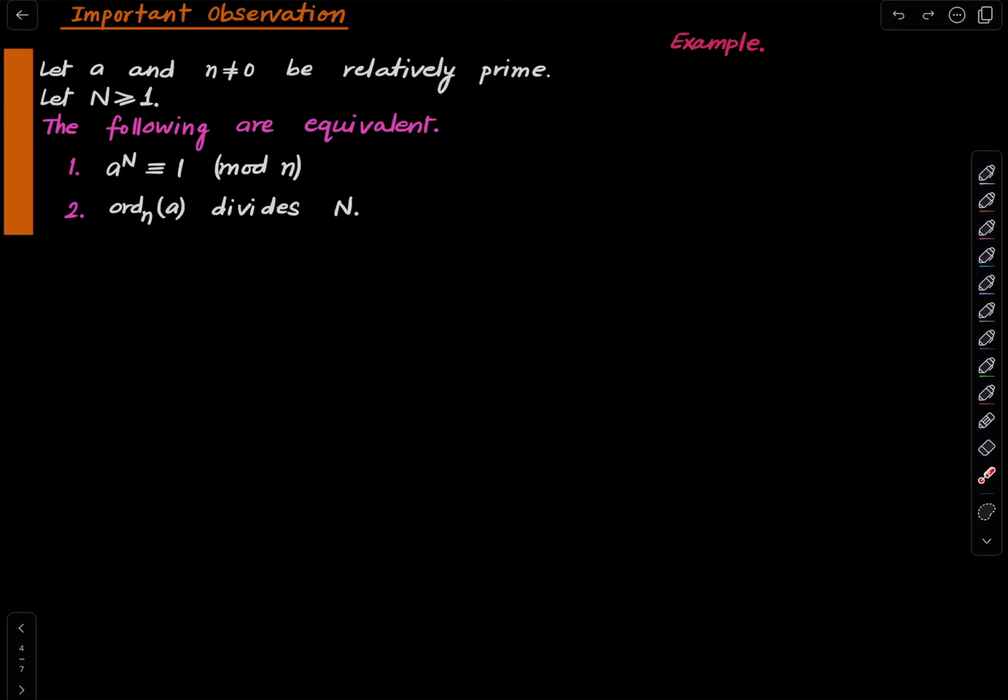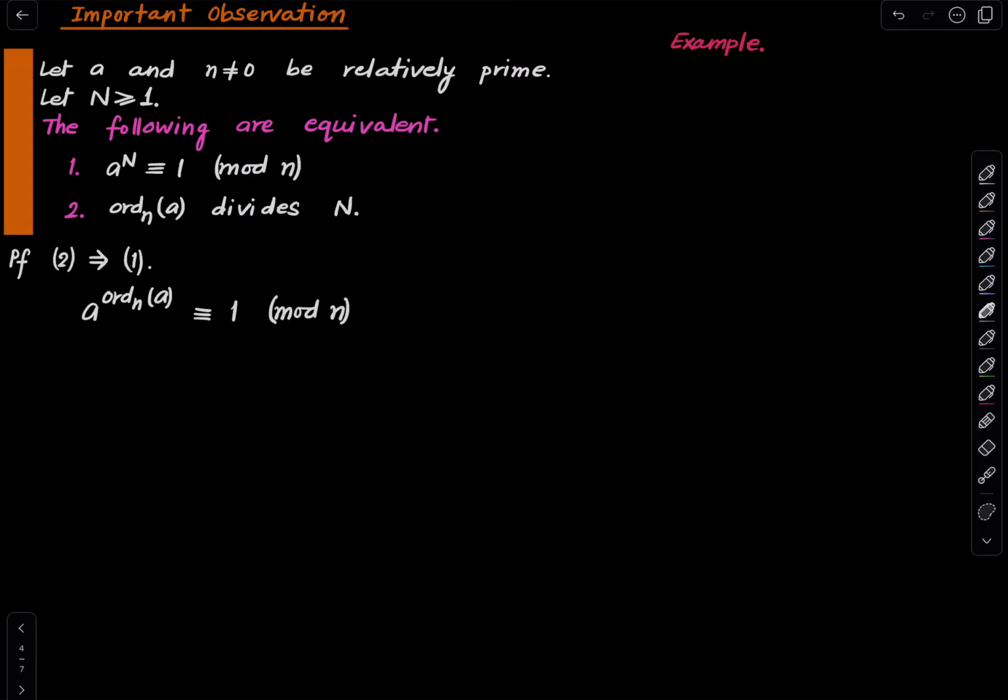Right, so the proof is very simple. 2 implies 1 is clear. Why? Because a to the power order of a modulo n is congruent to 1 mod n by definition of order. And since this divides N by assumption, you can raise both sides to a suitable number so that you will see capital N in the exponent.